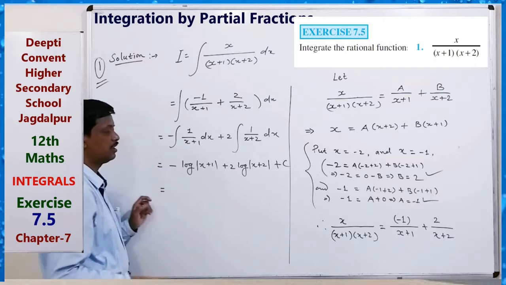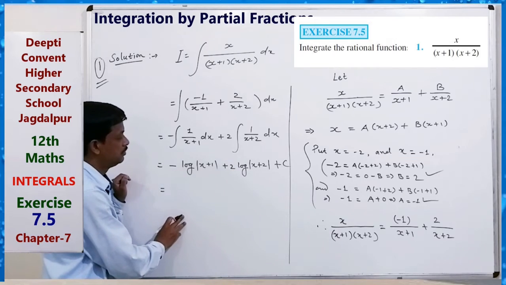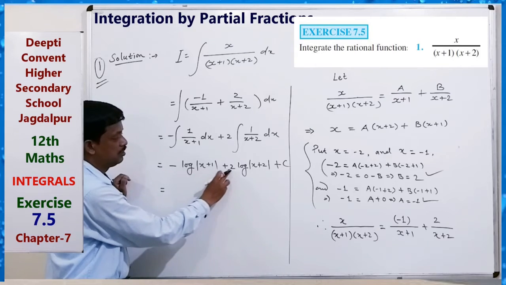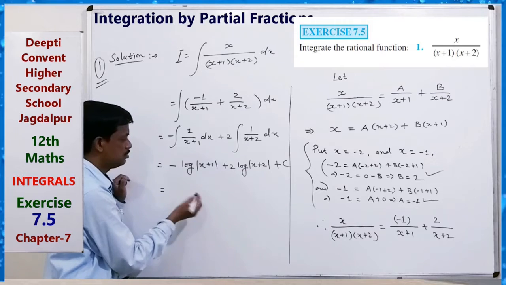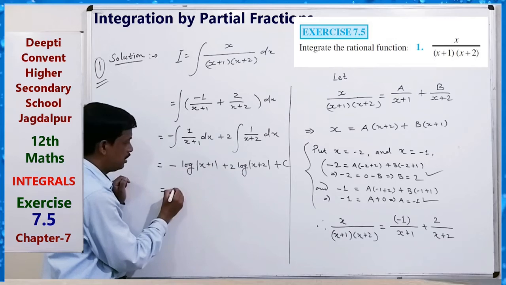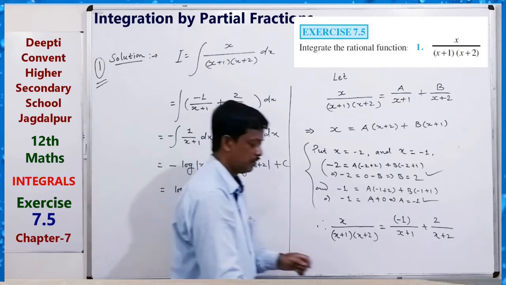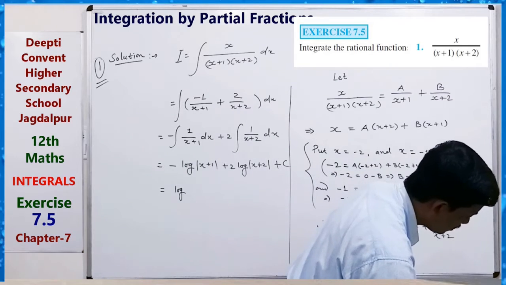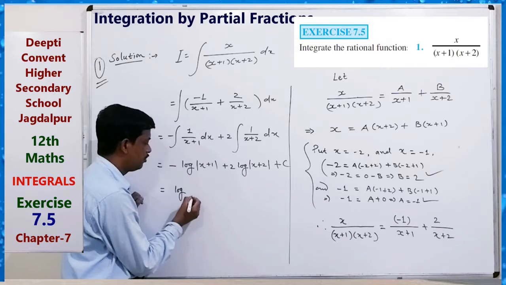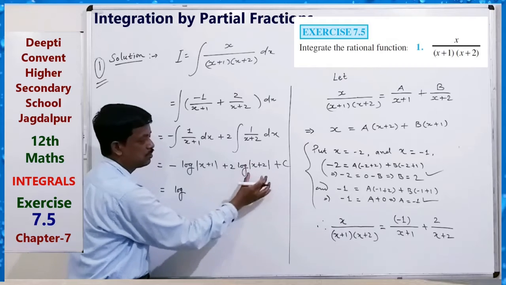So this is equals to, we can also write minus log x plus 1, plus 2 log x plus 2. So here we can write the positive term first, so 2 log of x plus 2. Here the 2 goes to the power, so mod means positive value.